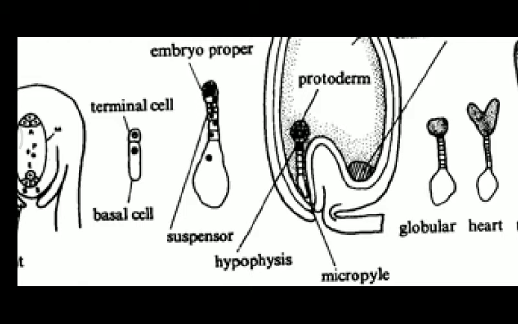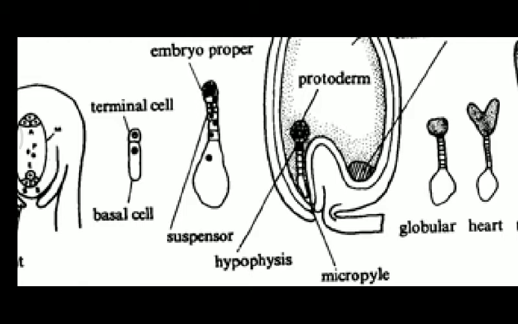The lowermost cell of the row is differentiated as the hypophysis, which gives rise to the radicle. That is, the hypophysis is the lowermost cell of this structure. The terminal cell divides by two vertical and one transverse division to form 8 cells.